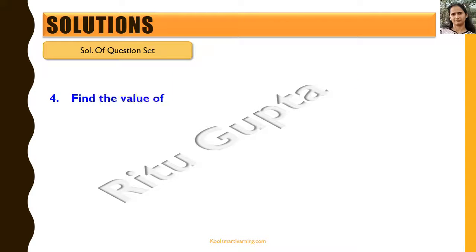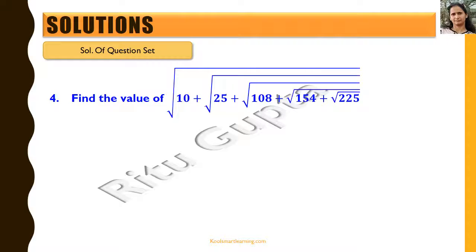Let's now look at the fourth question. We need to find out the value of this expression. Now the first thing to understand here is that when we have to evaluate such a thing, we start solving the square roots from the innermost to the outermost.